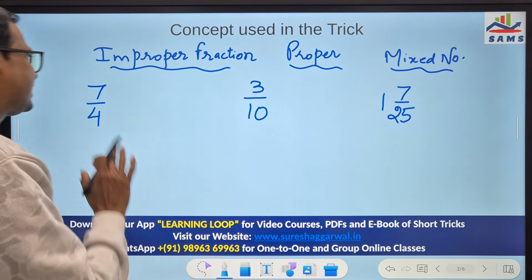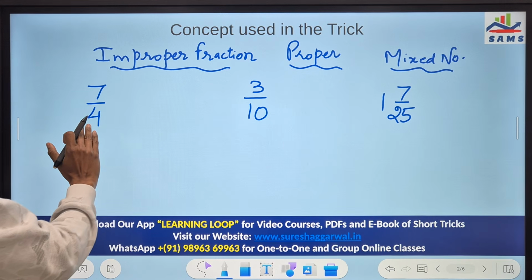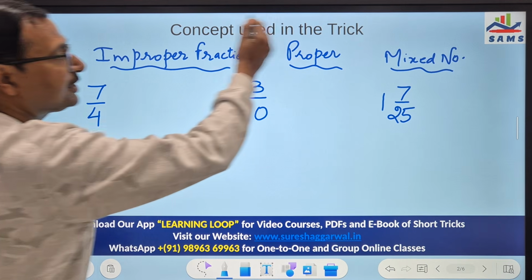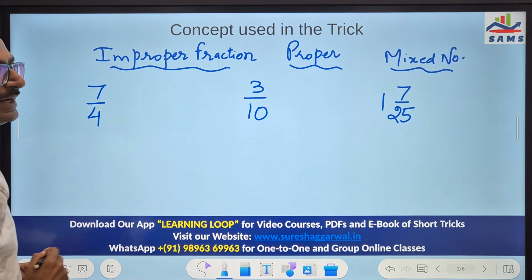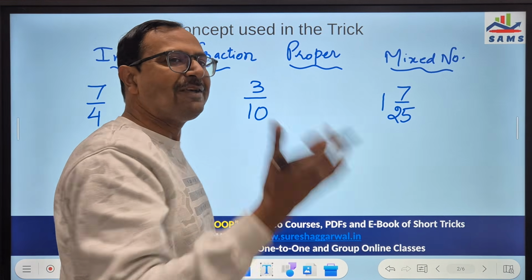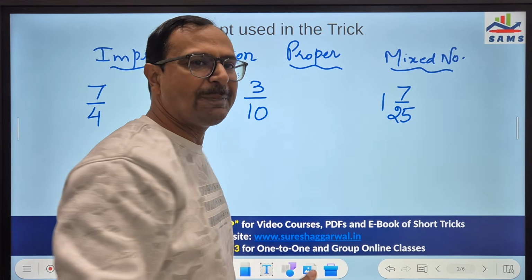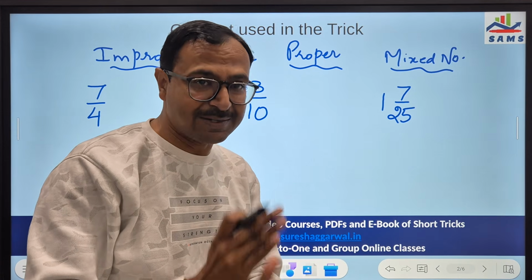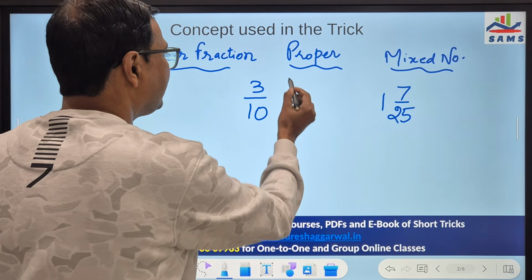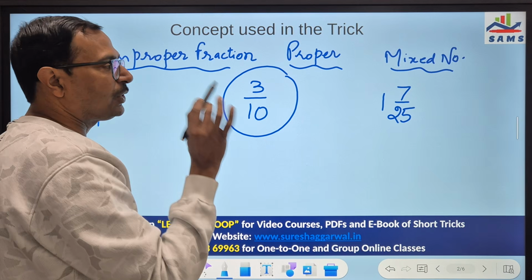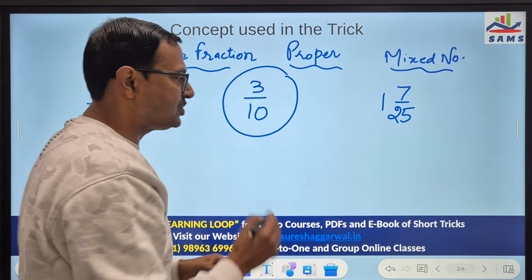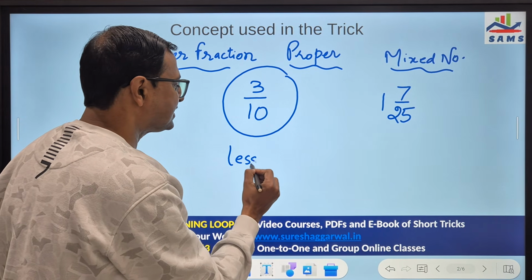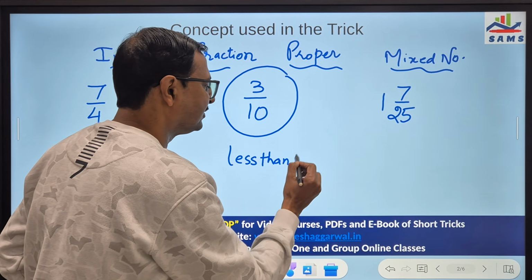Why? Because an improper fraction can be converted to a mixed number format. Proper fractions are already fractions. They can't be converted to a mixed number format because the whole number part is 0. So whenever you have a proper fraction, your answer for the percentage will be less than 100%.